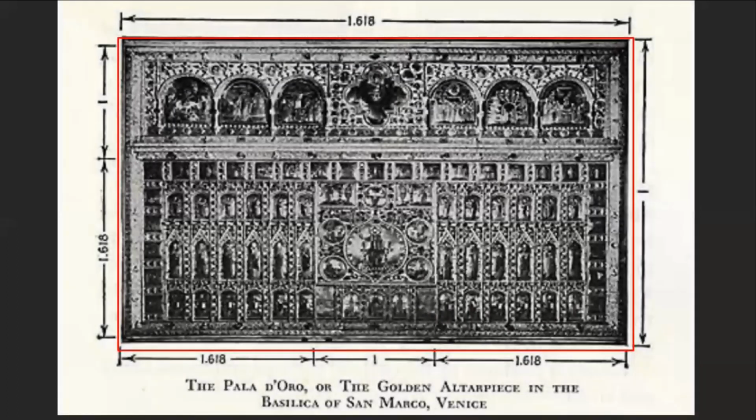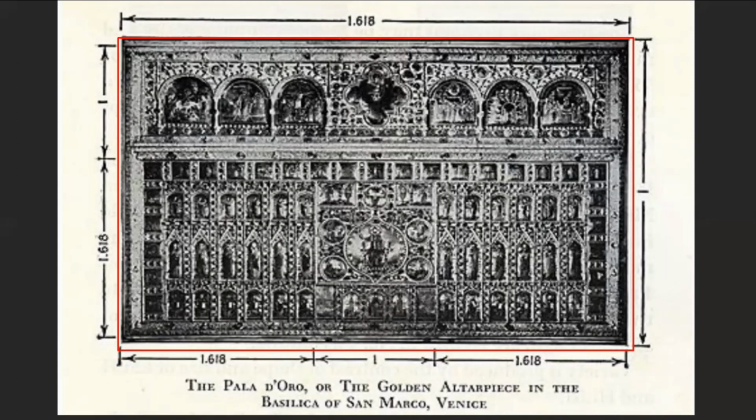This is the golden altarpiece in the Basilica of San Marco in Venice. And here, Maitland Graves has laid out the proportional divisions on the surface of the altarpiece. And you can see that the top predella exists in a ratio of 1 to the bottom portion being 1.618.